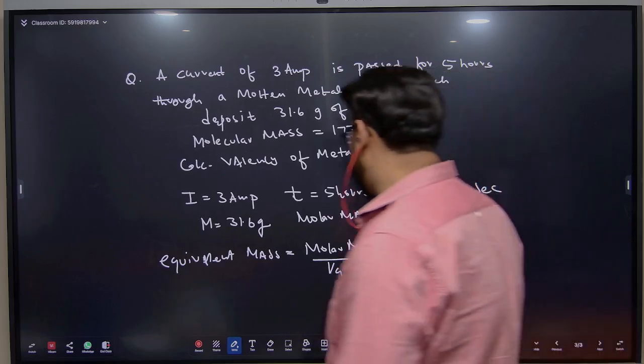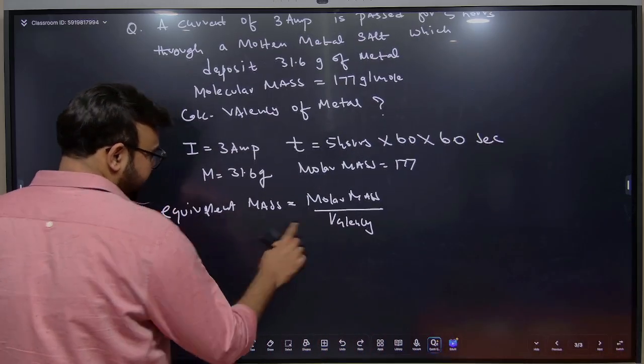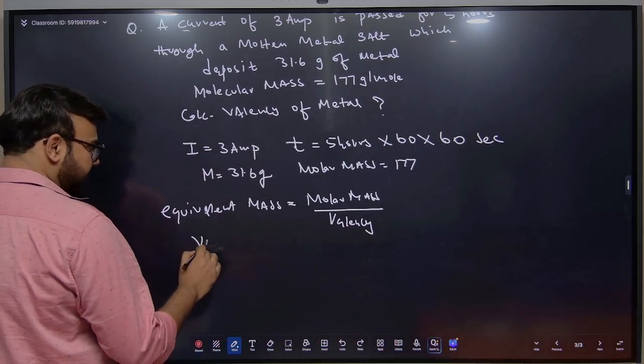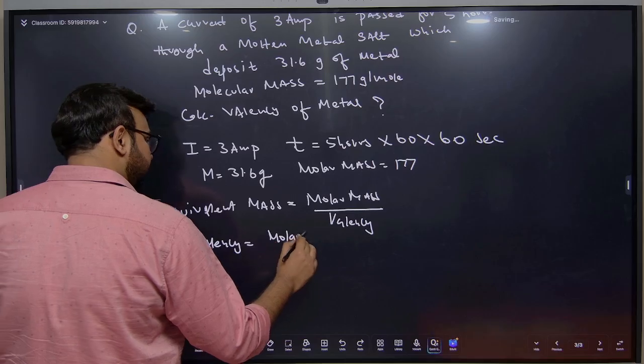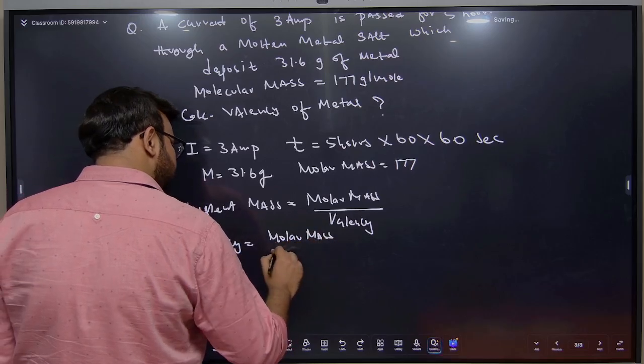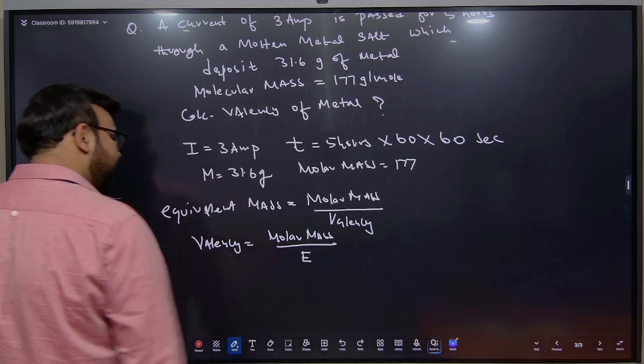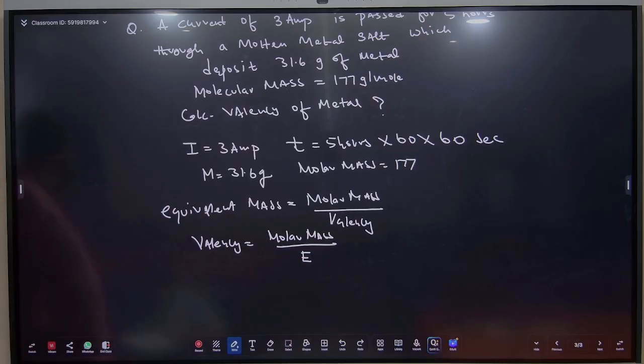Oh, wait. So how do you rewrite this formula? It will be valency is equal to molar mass by E. Molar mass by E. Now do it.